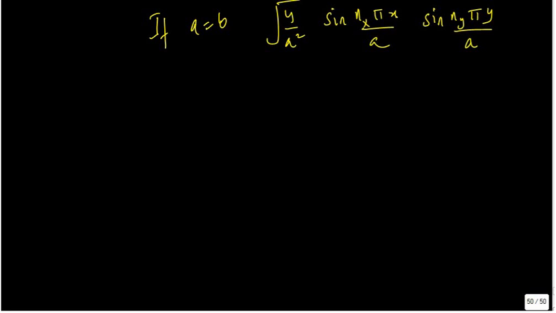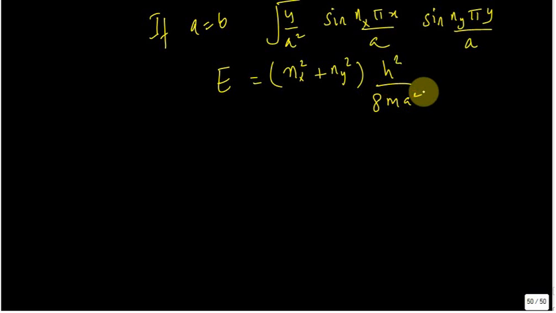But I cannot write sine square because nx and ny are different. Energy comes out to be nx square plus ny square times h square by 8m a square. Right?